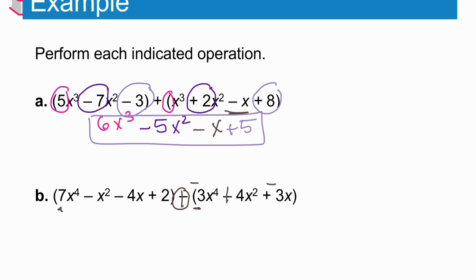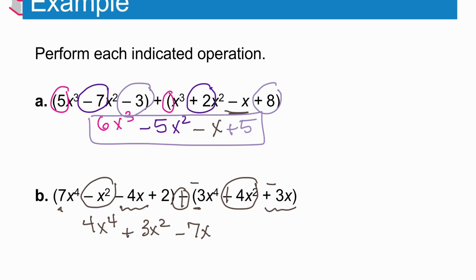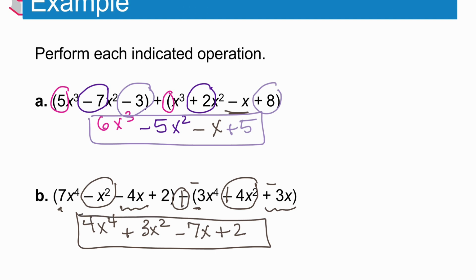So the 7 and the negative 3 become 4x to the fourth, and then the minus x squared and the now positive 4x squared become 3x squared. We didn't have an x to the third. And then the negative 4x and now the negative 3x becomes negative 7x, and then we have the plus 2. And that's combining all of these terms for us.